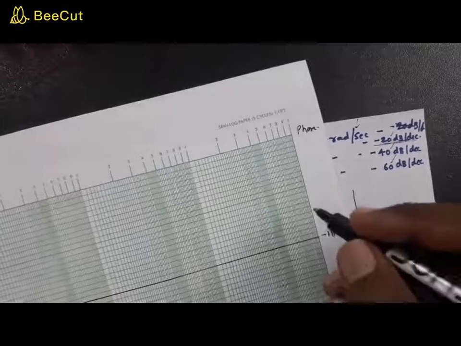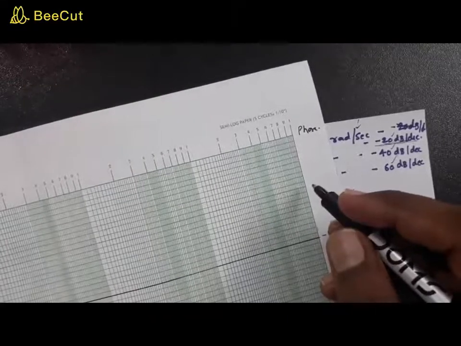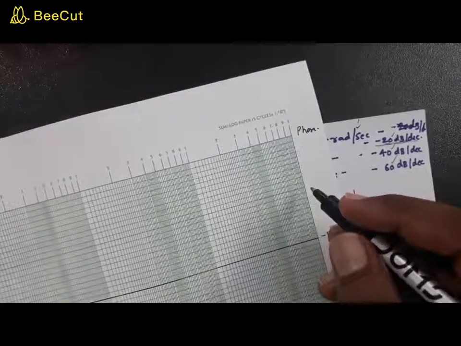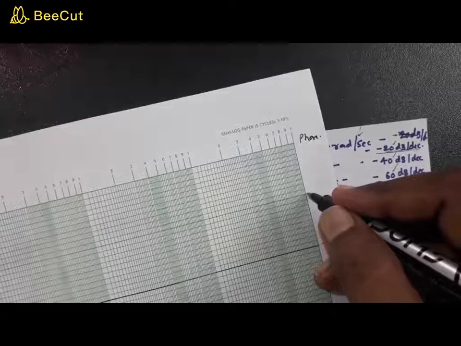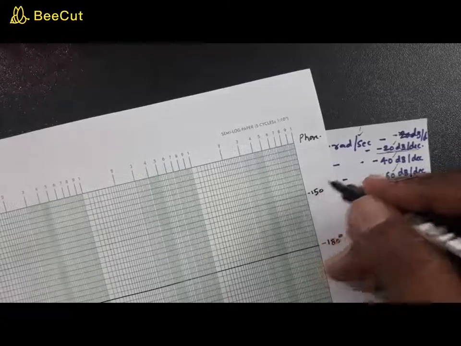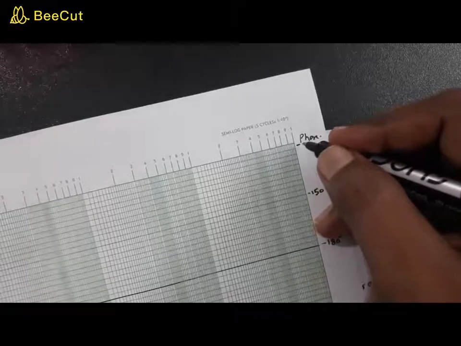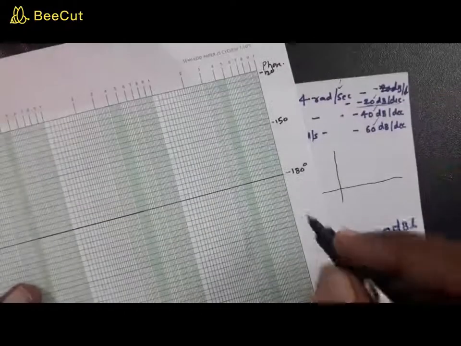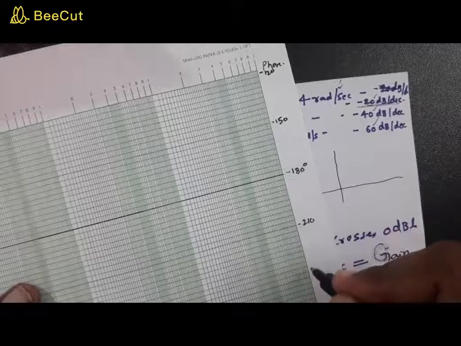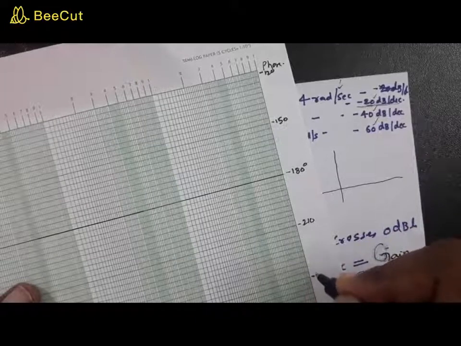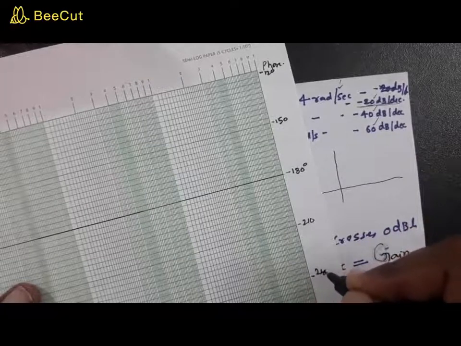Now you have equal divisions, so you can have minus 150, then minus 120, then minus 210, then minus 240 degrees, and so on.